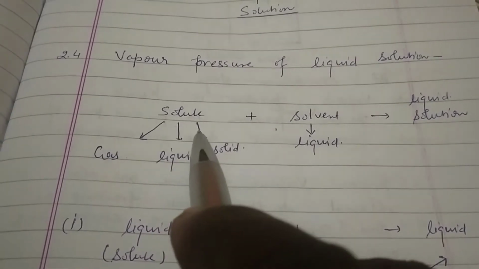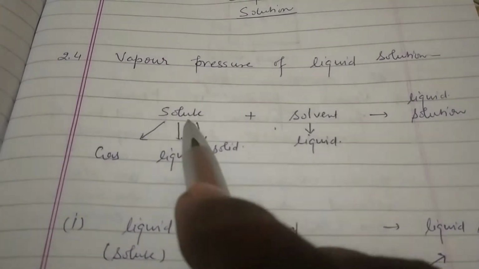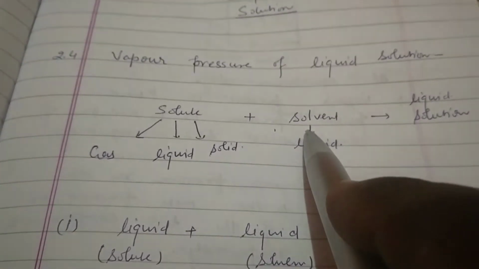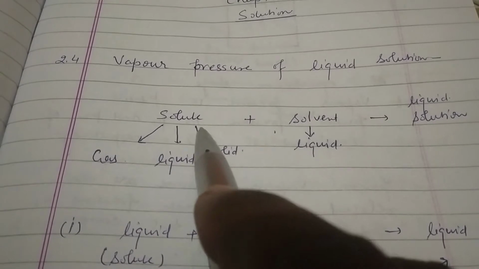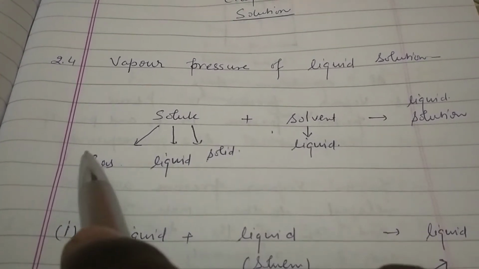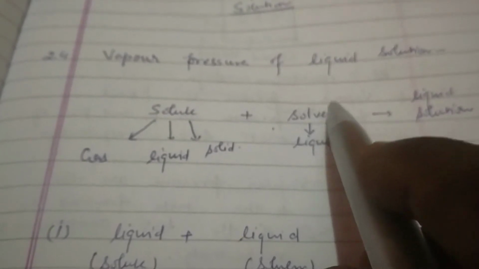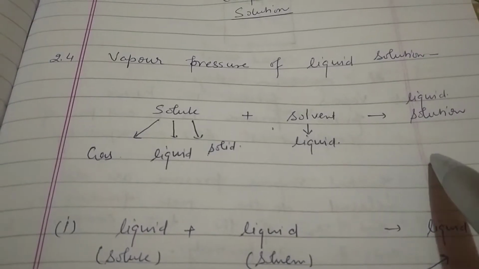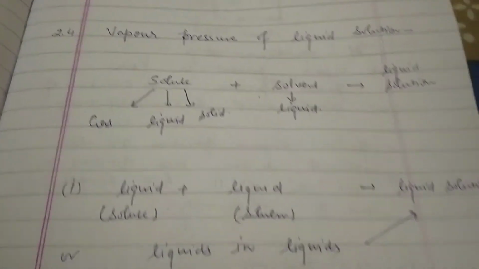Again, look here. The solute may be a gas, a liquid or a solid, and the solvent is compulsorily liquid. When a solute in any of these states of matter dissolves in the solvent and forms a solution, that solution is called a liquid solution.